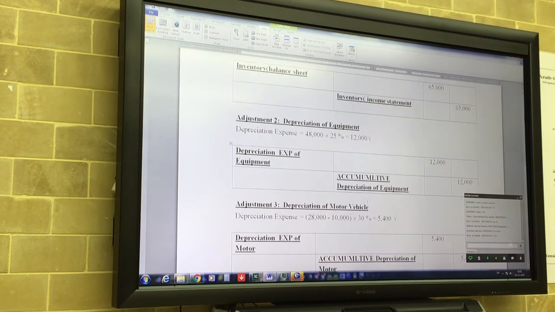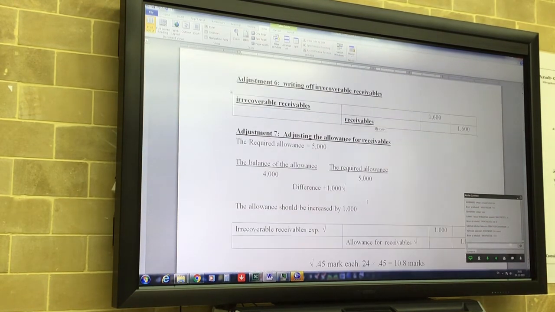So here he finds the difference between the balance and the new balance. The balance for the allowance for receivables was 4,000. He requires 5,000. So the difference will be 1,000.